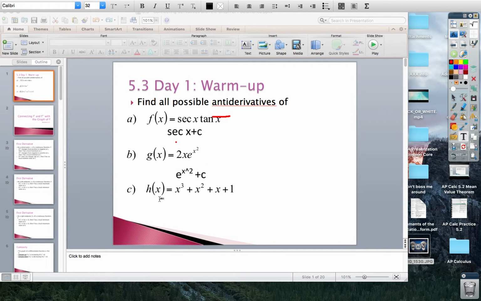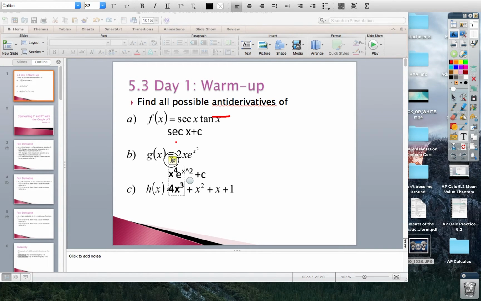For h, this should be a little bit easier. You have to think, this x to the third power was at one point x to the fourth. But for some reason, that 4 that should have been there when we took the derivative is missing. So let me go over that again. If we take the derivative of x to the fourth, that should be 4x to the third power.